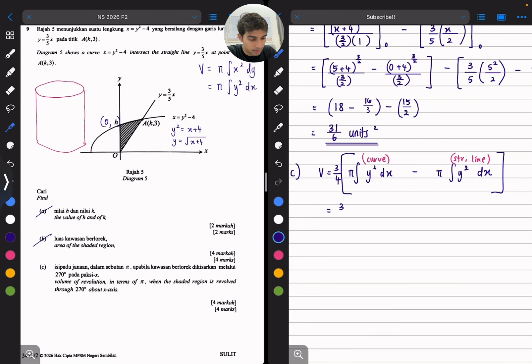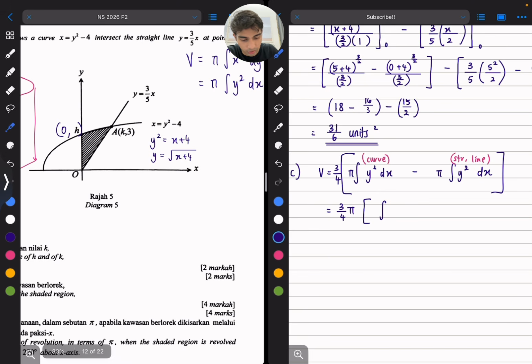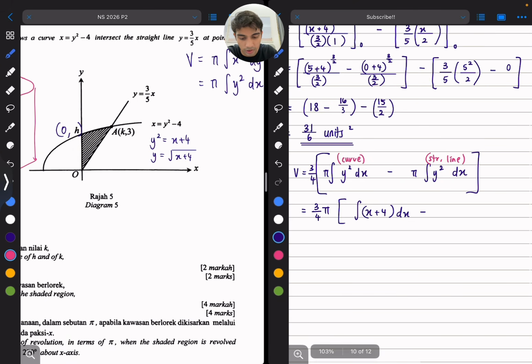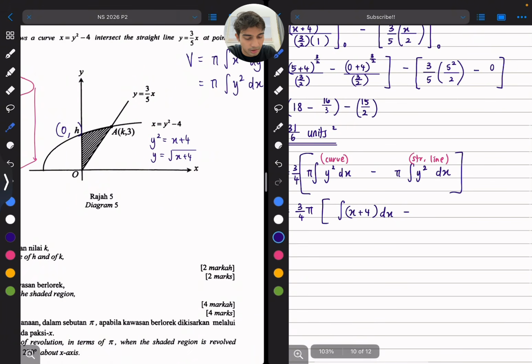So now we sub it in 3/4. Since both of these got pi, I'm going to factor out the pi. So integrate y square dx of the curve. So curve y square is x plus 4. No need to square because here y already square, x plus 4. Then for the straight line, y square will be this whole thing square.